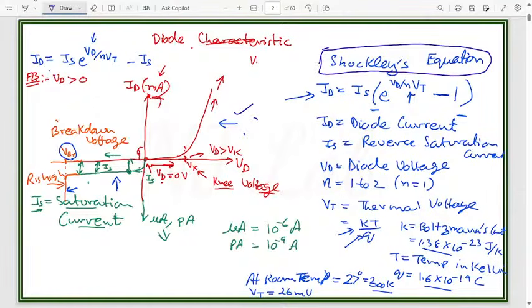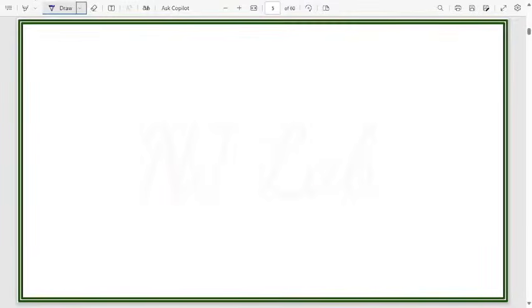Mathematically, if we want to determine the voltage across the diode or the current through the diode, we will use this Shockley equation. But graphically, if we want to determine the voltage or the current, then we will use the characteristic curve, right? If you have any doubt, you can put it in the comment box.